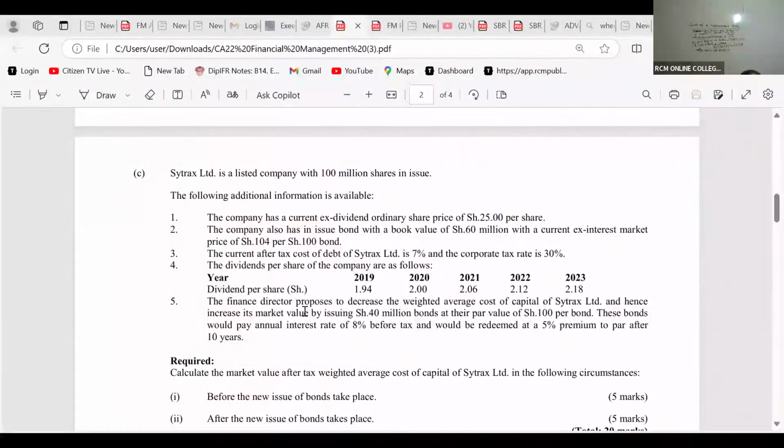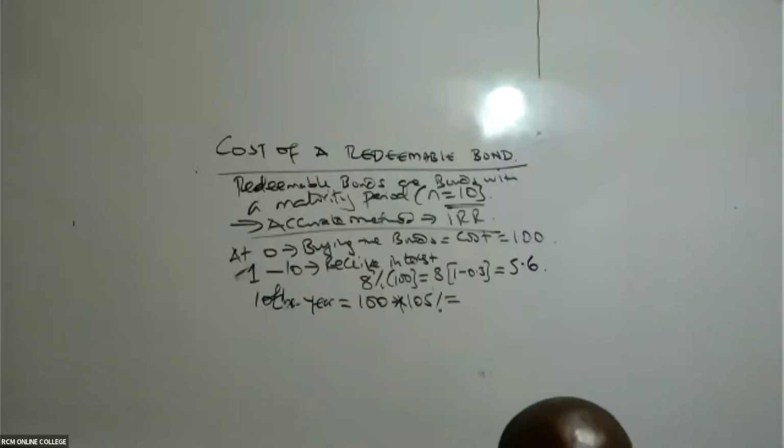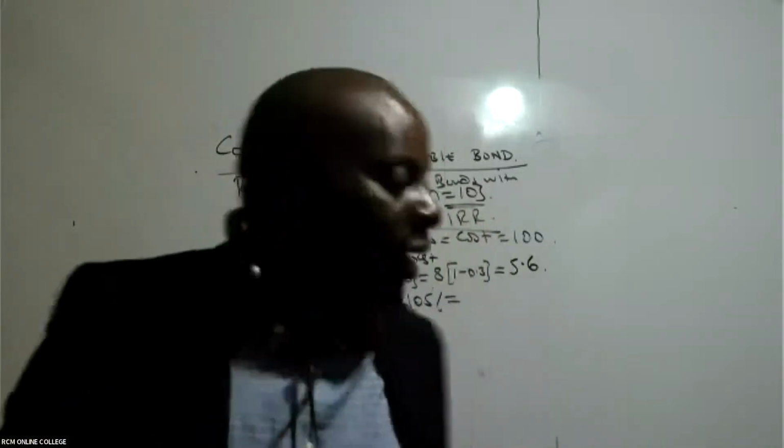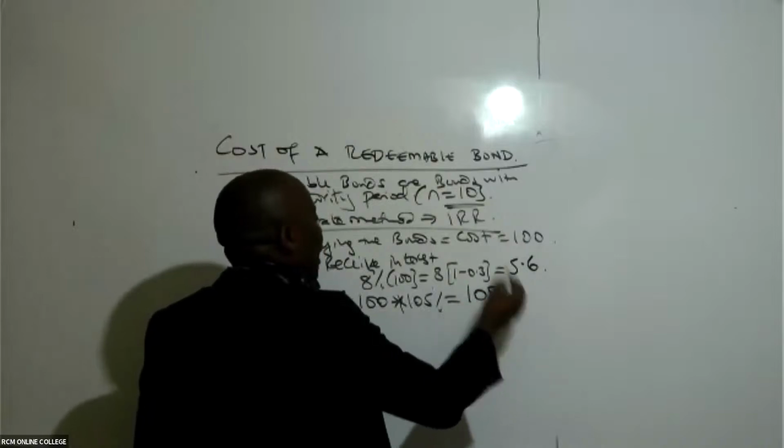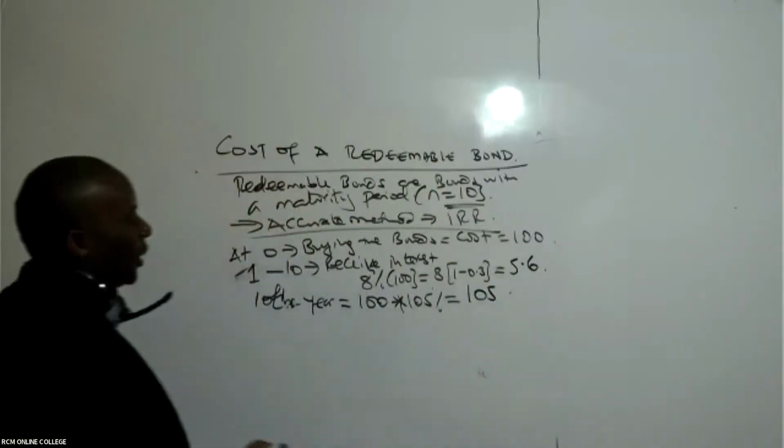These bonds would pay an annual interest rate of 8% before tax, and would be redeemed at a 5% premium, meaning over and above 100%. So the redemption value will be 100 times 1.05. So in this particular case, on redemption, I will get 105.